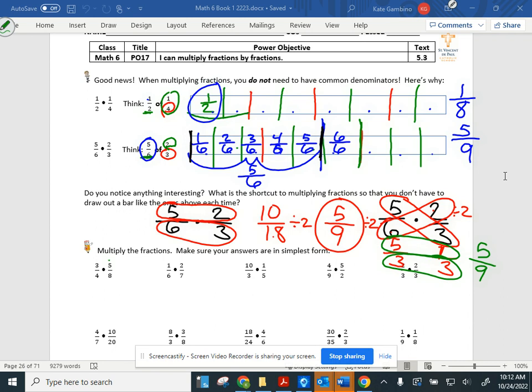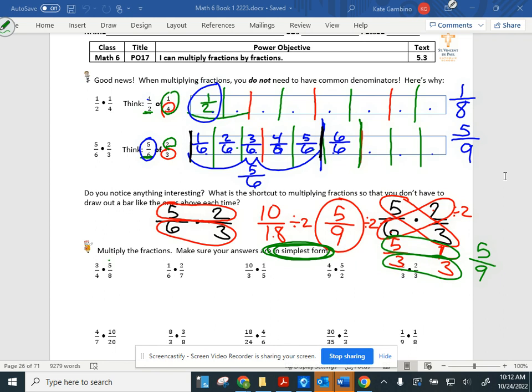On the test, when it says your answer should be in simplest form, if your answer is not in simplest form, is it correct? No, it's not. When the directions say simplest form, you have to always check, is there a factor that I can divide out of my numerator and denominator? Has to be the same scale factor.